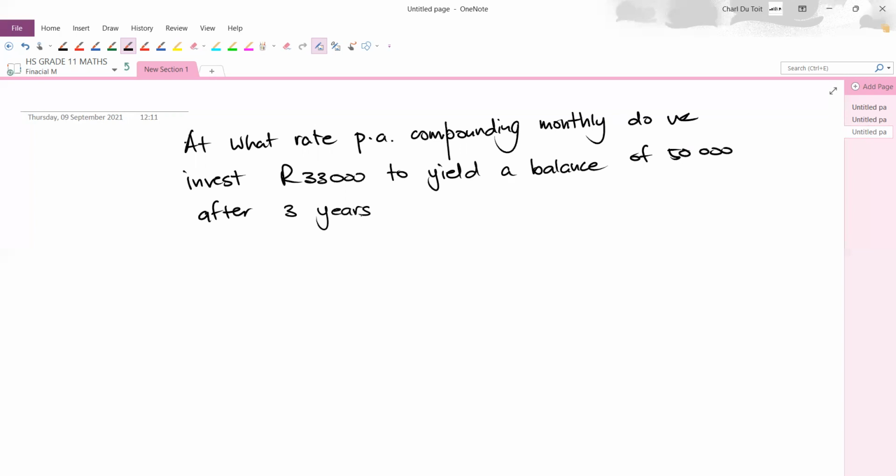So we're going to leave 33,000 Rand in the bank for 3 years. They're going to give us a certain rate that's going to compound monthly. I want to know what that rate is.